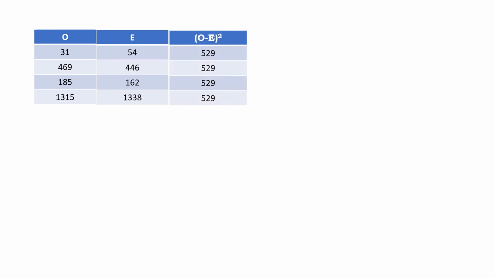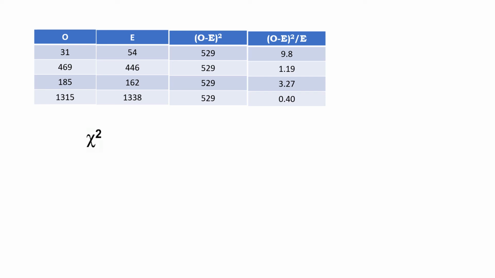And the expected frequencies, as calculated with the formula, are 54, 446, 162 and 1338. Then (O minus E) square, all the (O minus E) square values are 529. Then (O minus E) square by E, you will get this value. And chi-square is the sum of all these, sigma (O minus E) square by E, and you will get the chi-square value as 14.66.